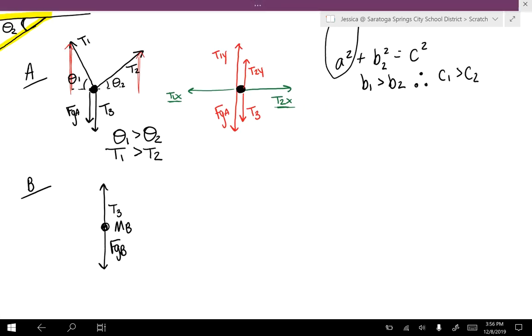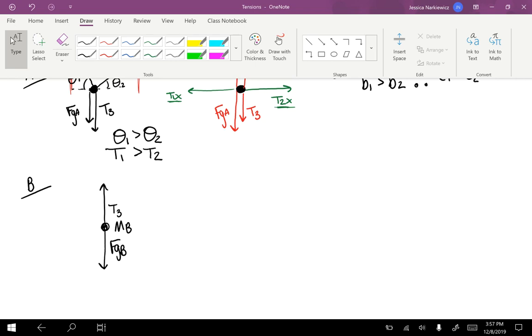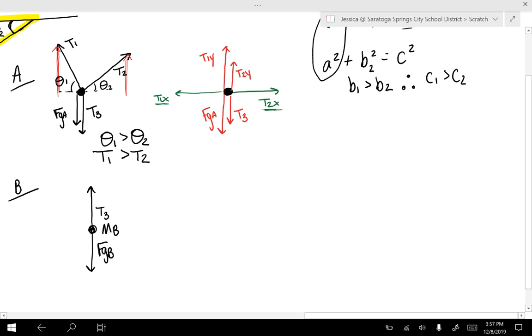So naturally we need to start with some net force equations. For A, in the x direction, we're going to equal 0 because our masses are at rest. I already talked about this before, but T2x and T1x are going to end up equaling each other.